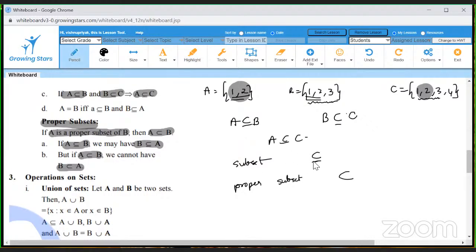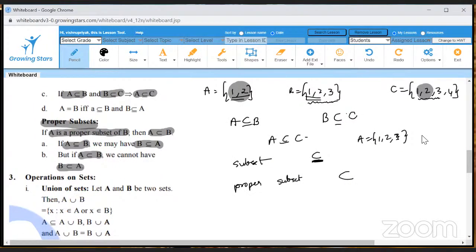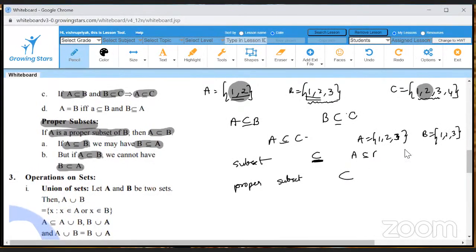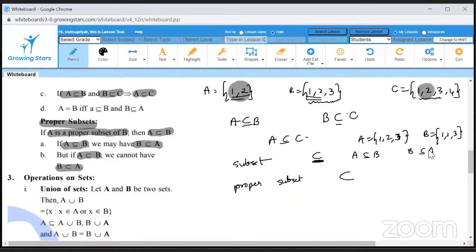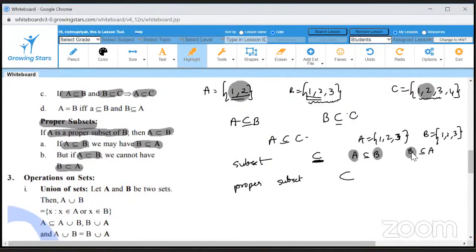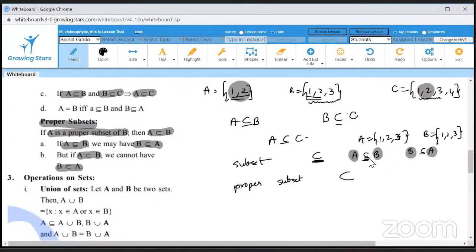In subset, equal to also can happen. Like, if A is {1, 2, 3} and B is {1, 2, 3}, then I can write A is a subset of B, B is a subset of A. All the elements of A are there in B. All the elements of B are there in A. That means actually they are equal to each other.